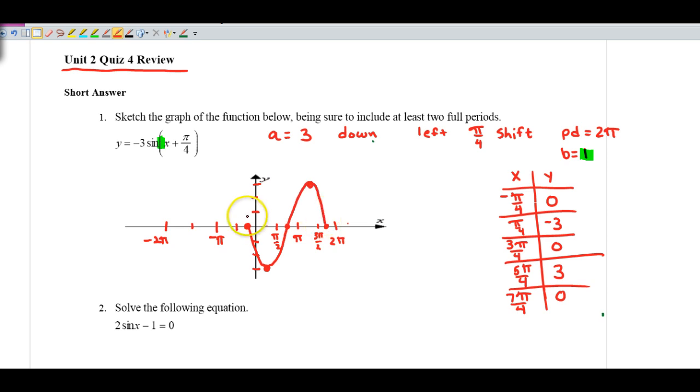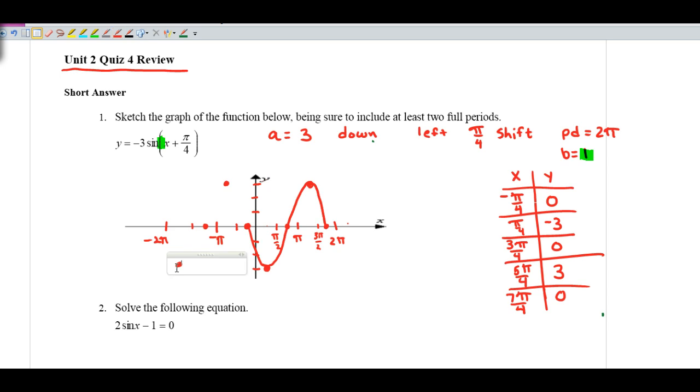And the next period is going to be at negative 3 pi over 4, it will be 3 right up here. And at negative 5 pi over 4, it will be 0. And here at negative 7 pi over 4, it will be negative 3.